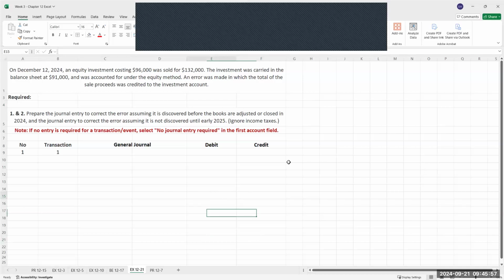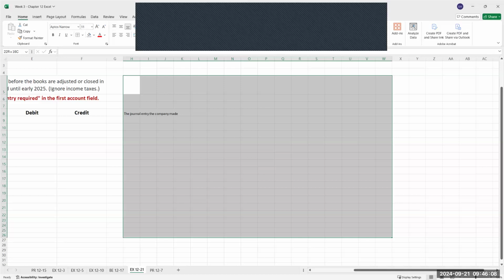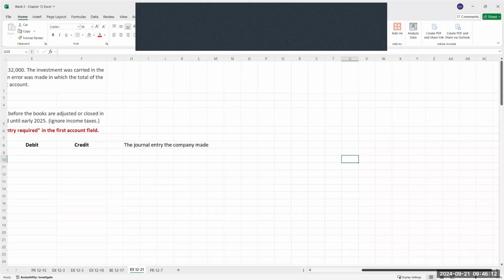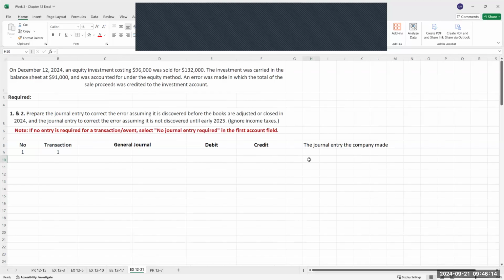So the journal entry the company made. Make these a little bigger. So the journal entry the company made was as such. So we had cash of $132,000.